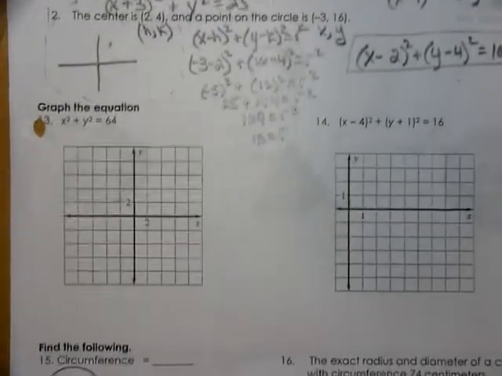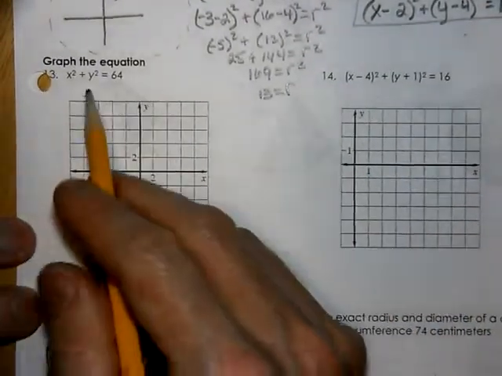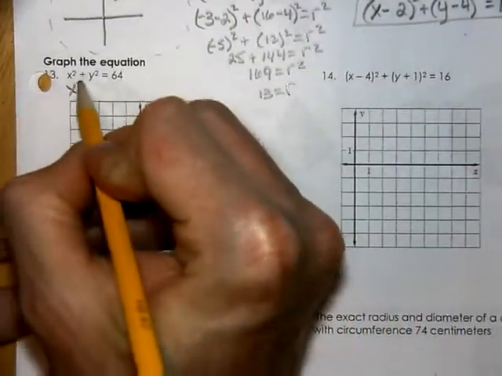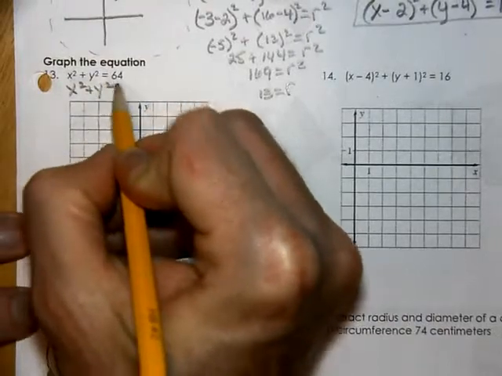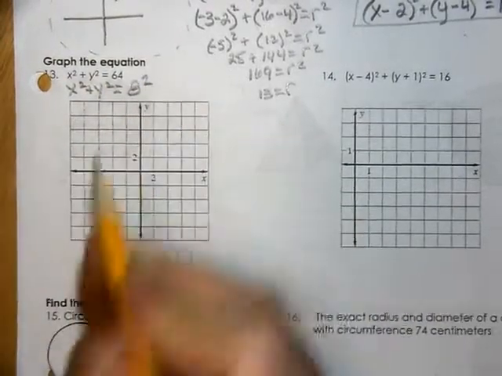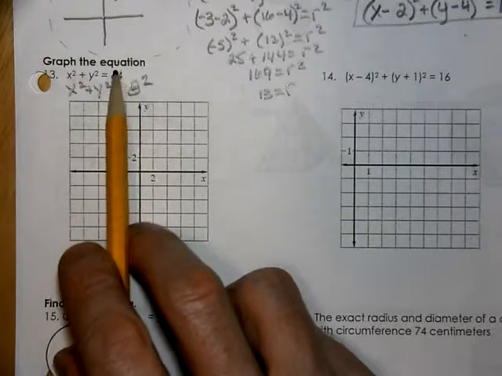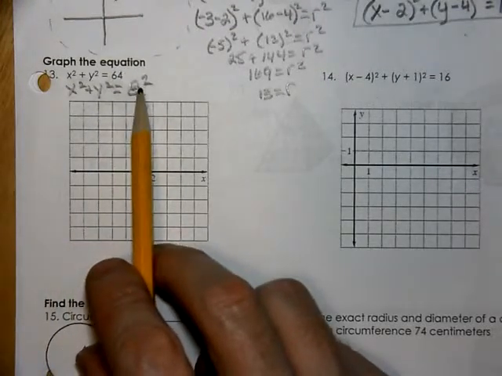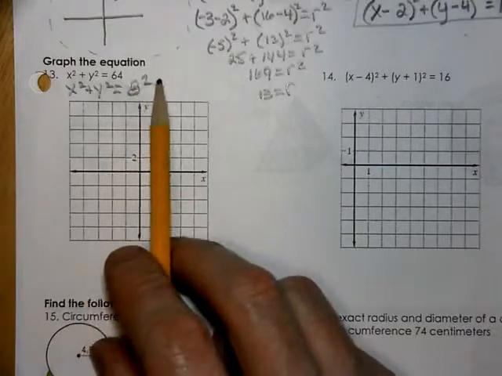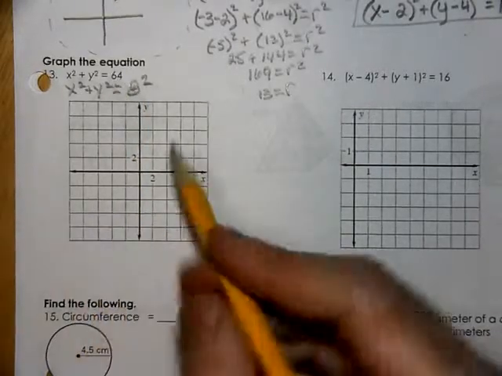To graph the equation, you need to know what the radius is. If r squared equals 64, then the radius is 8, because 8 squared is 64.